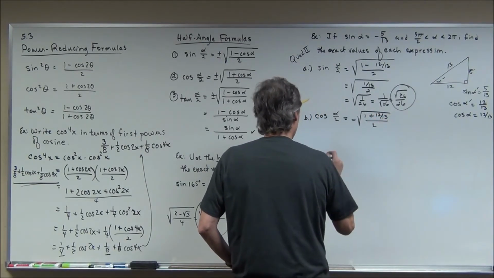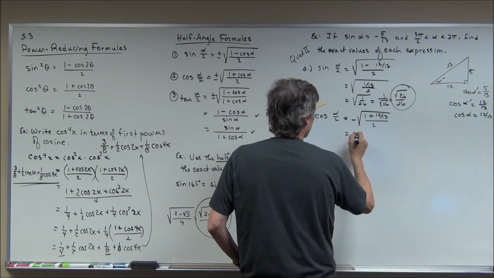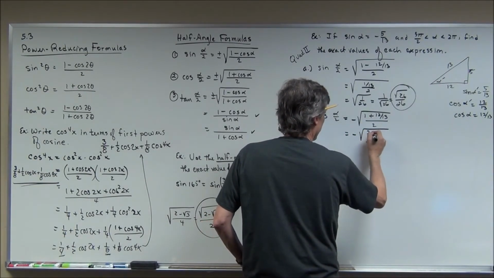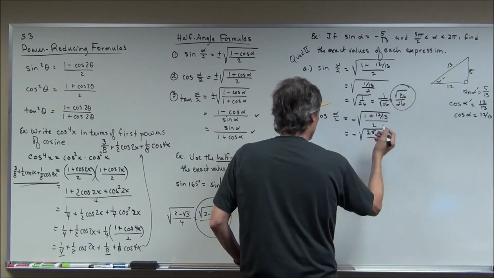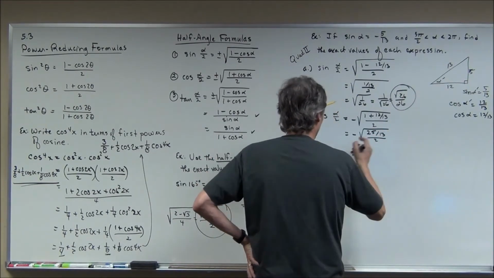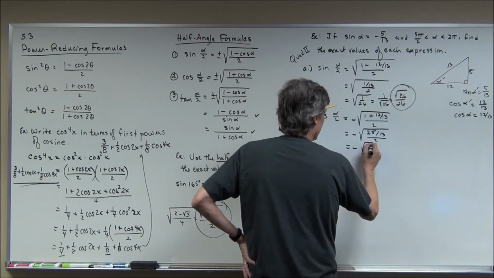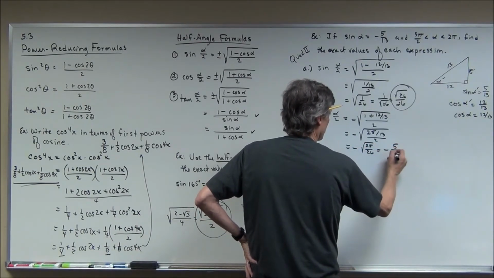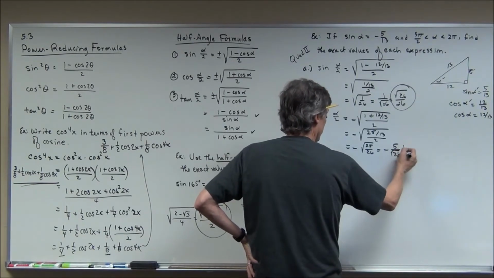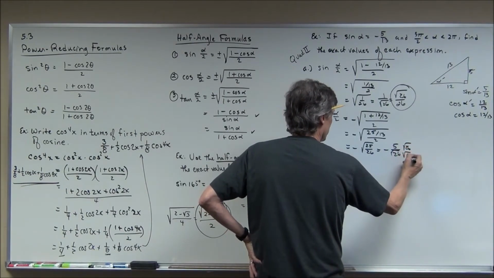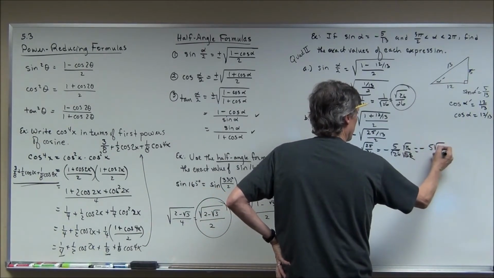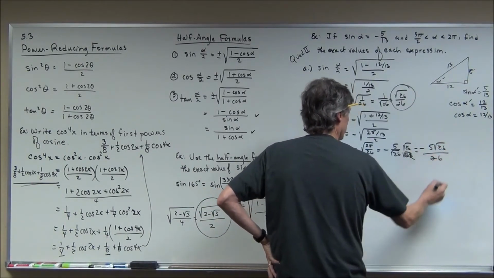So that's 25/13, divided by 2 is 25/26, which would be negative 5 over the square root of 26. So I multiply top and bottom by the square root of 26. And I get negative 5 square roots of 26 all over 26.